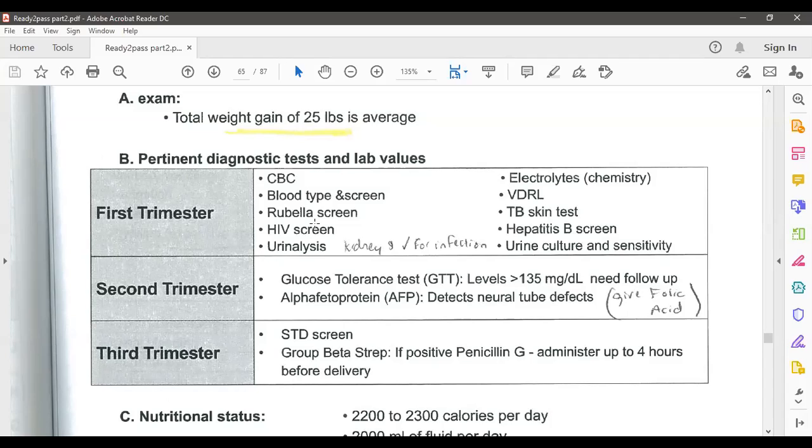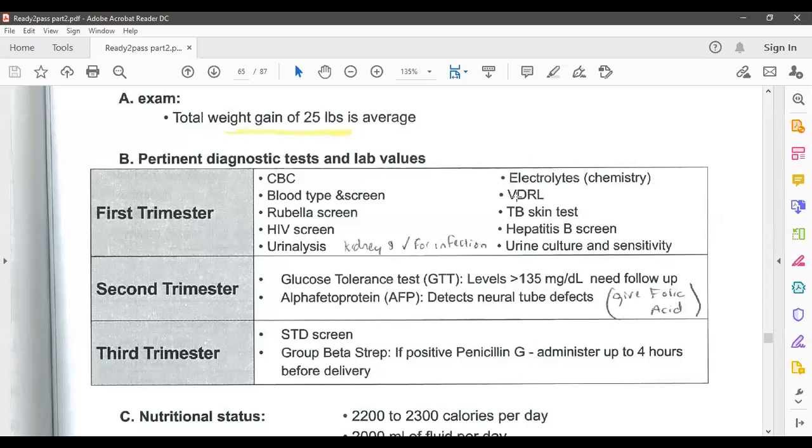Urine analysis indicates kidney functioning, or any other infection as well, or blood sugar or ketone bodies. Electrolytes are very important: sodium, potassium, or other electrolytes.